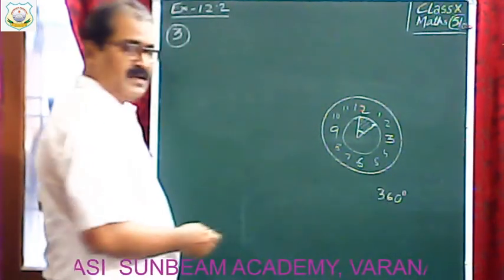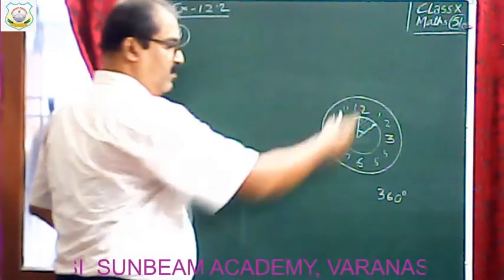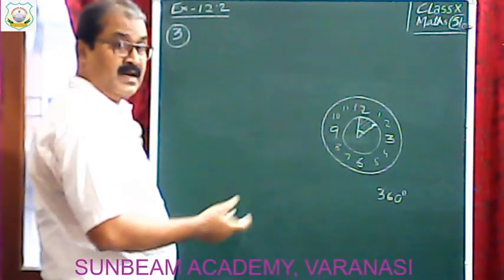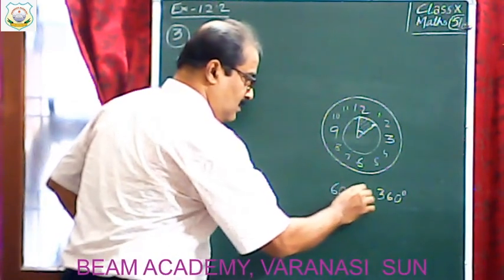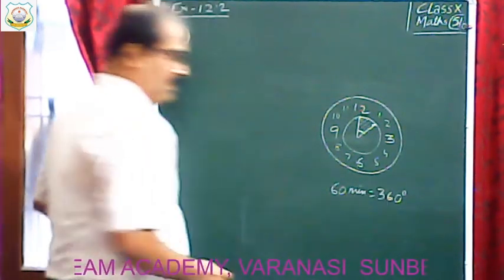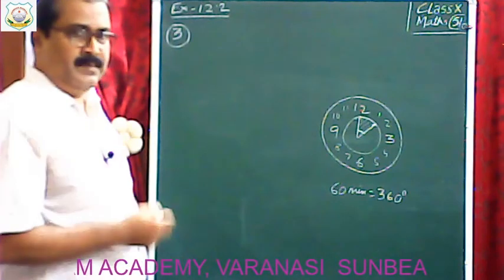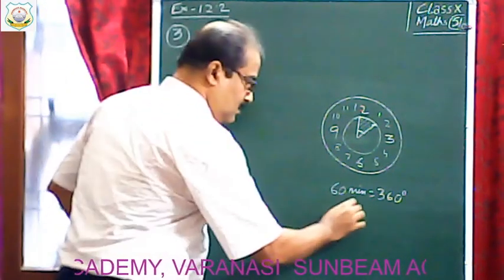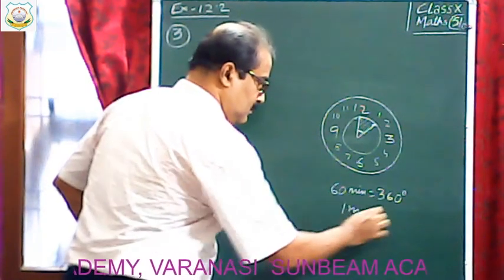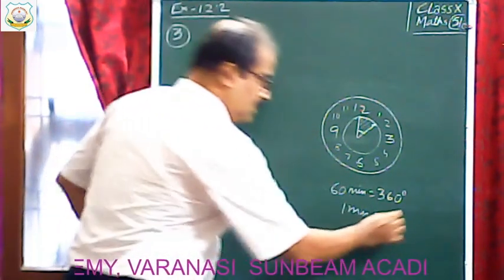In how many minutes is one revolution covered? That is 60 minutes. So in 60 minutes, the angle described by the minute hand is 360 degree. So in 1 minute, 360 by 60, that is 6 degree.